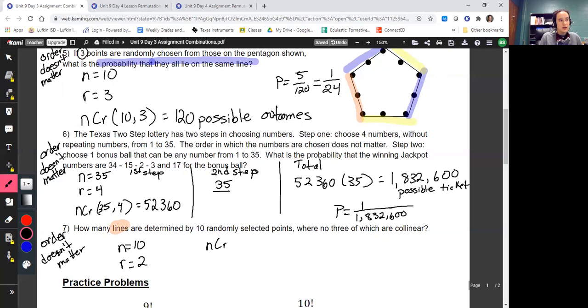So we have nCr 10,2. Again, menu, probability, combination, 10,2, and we get 45 possible lines. And yes, you need your descriptors when you're writing it down or you're typing it in.